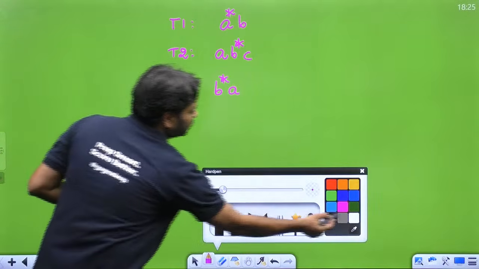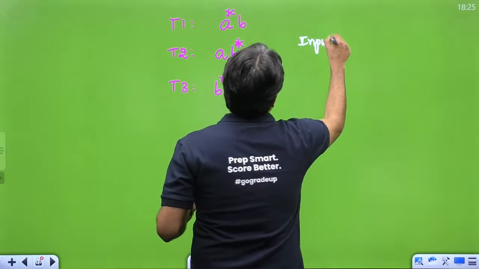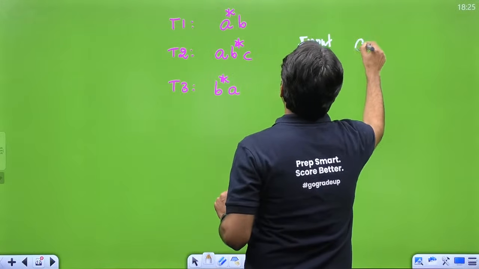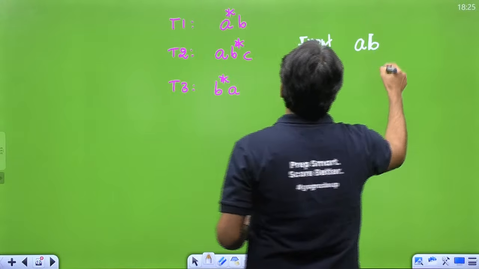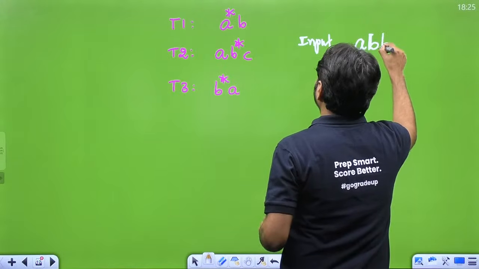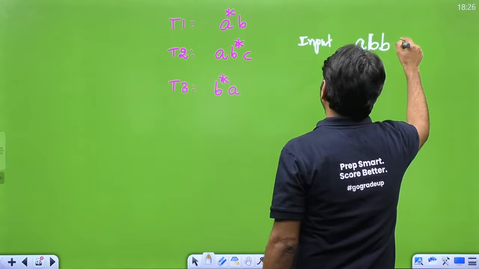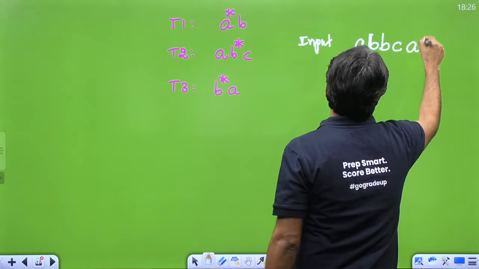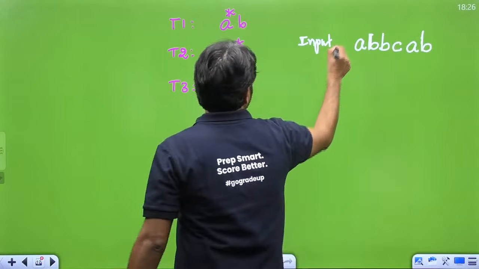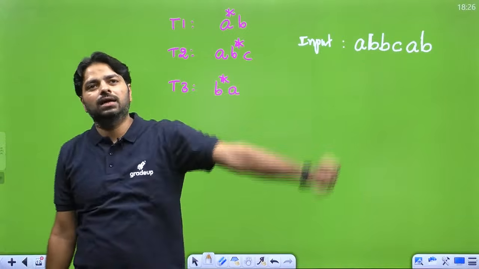Now this is my input. That's all. This is my input, and you need to identify what is the sequence of tokens produced.